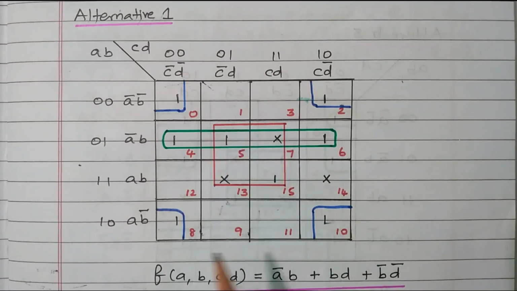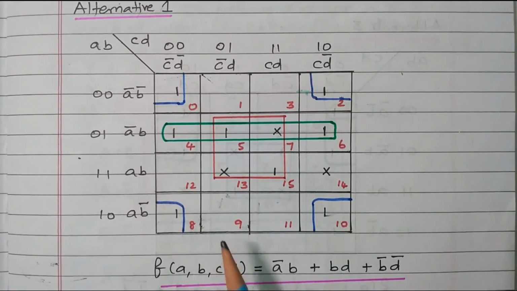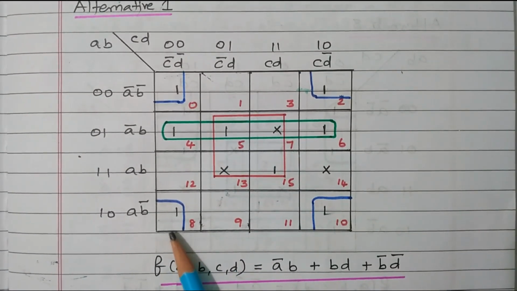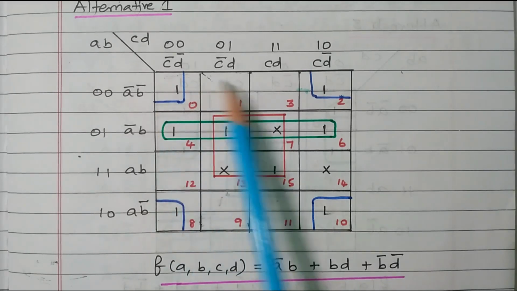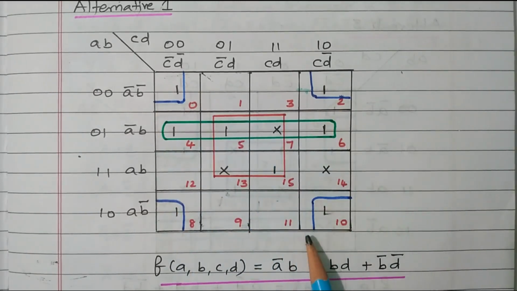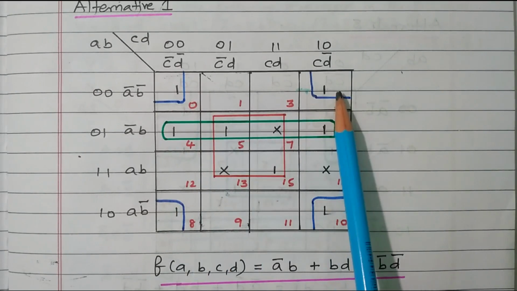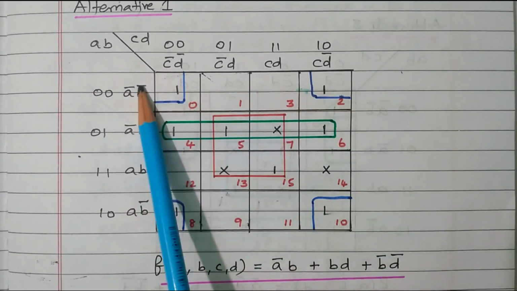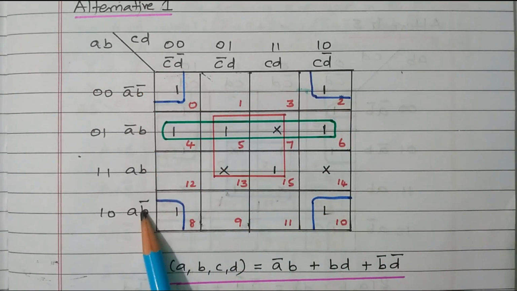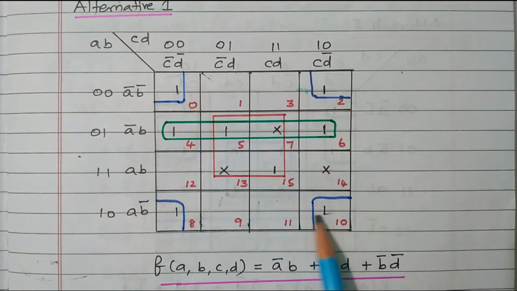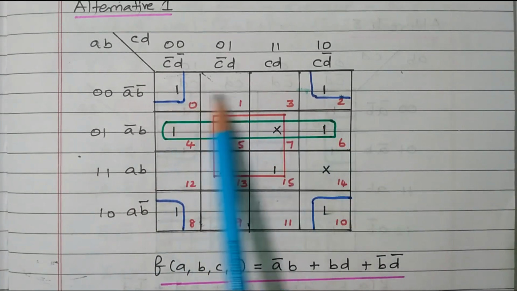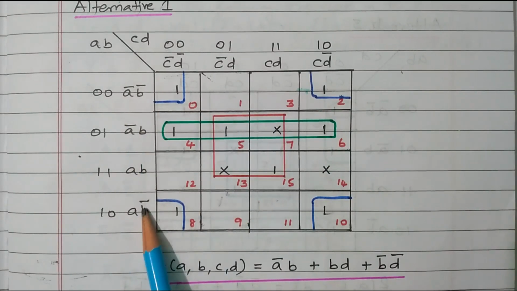Now we need to get the expression for this. First we will take the grouping of the 4 corners. For the 4 corners, we need to refer to the first row and the last row. The rows where the cells are available must be verified.